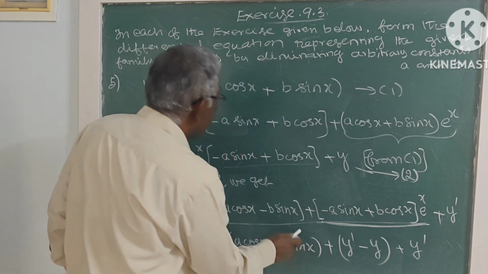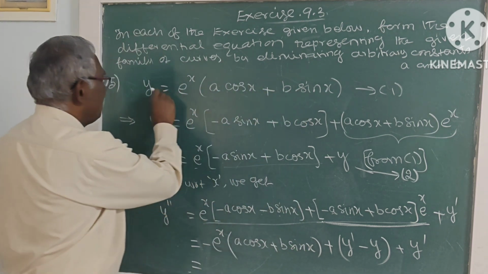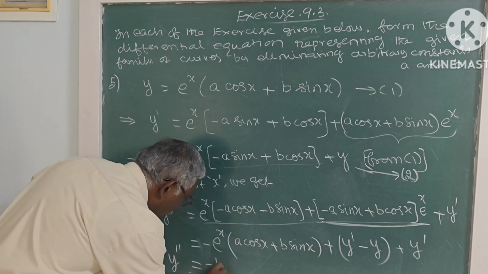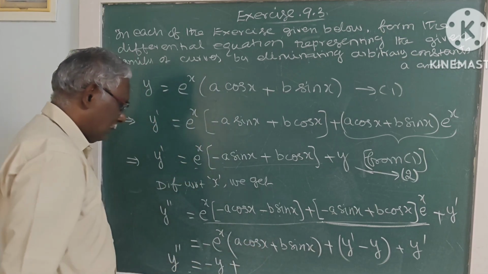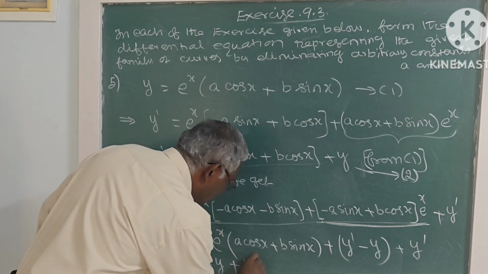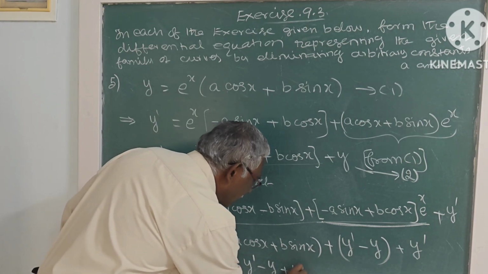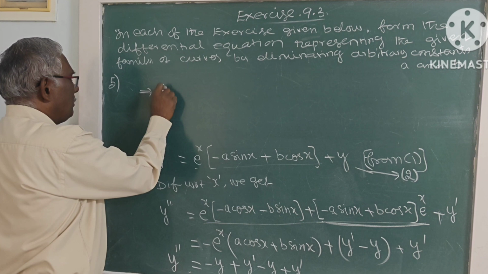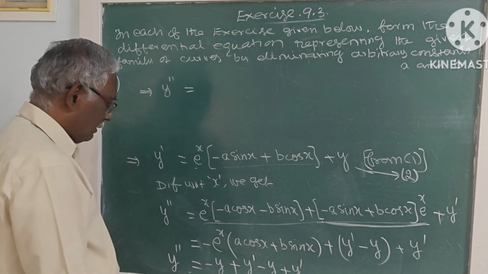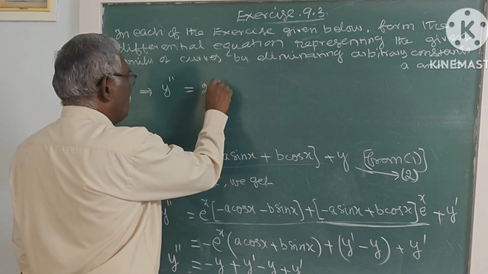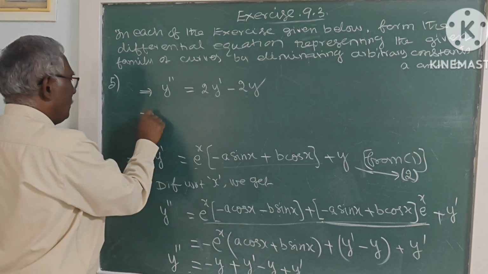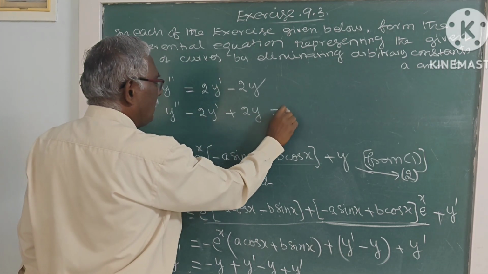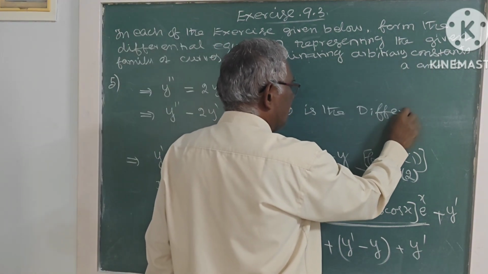For e power x into a cos x plus b sin x, we will substitute y. y double dash is equal to minus y plus y dash minus y plus y dash. So this is the required differential equation.